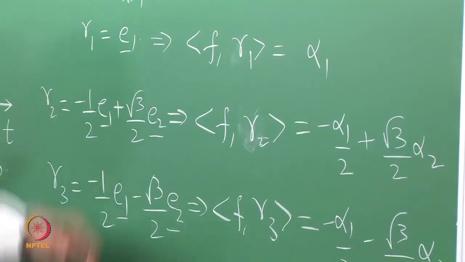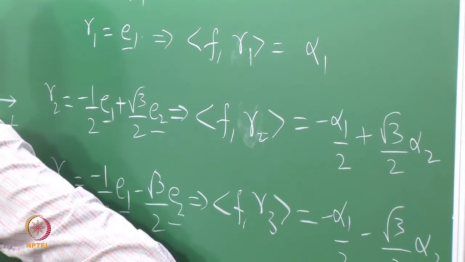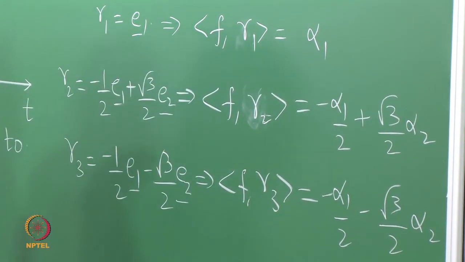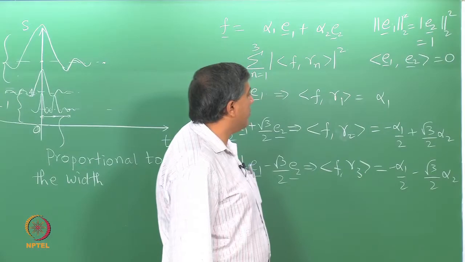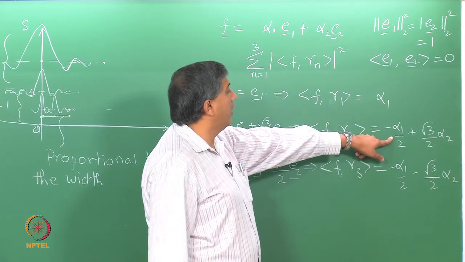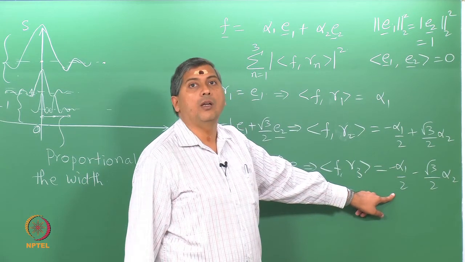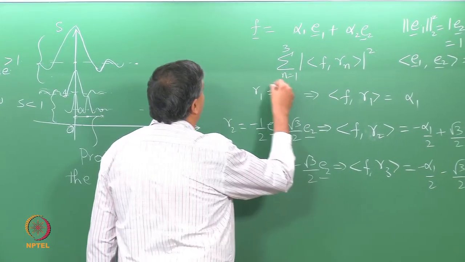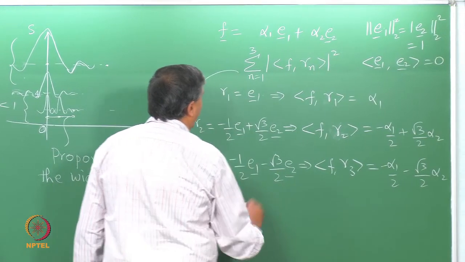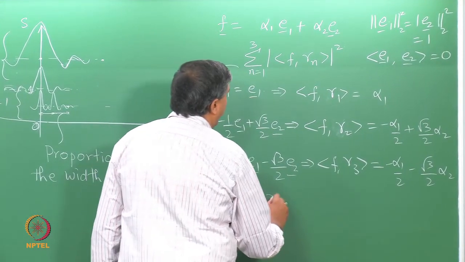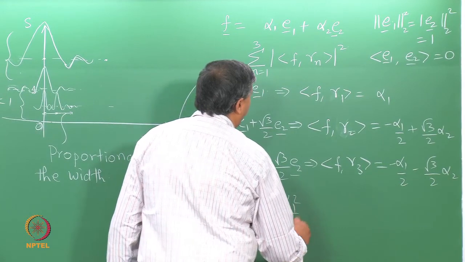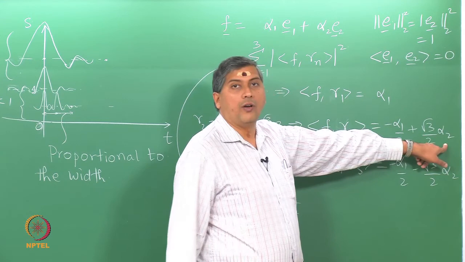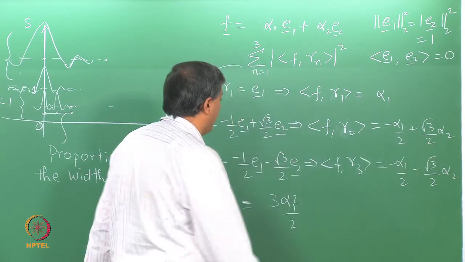Now, all I have to do is sum the squares of these quantities, and what do I get? When I square this, I get alpha 1 square, and here I get alpha 1 square over 4, alpha 1 square over 4. So when I add them up, I get alpha 1 square over 2. So this summation here produces 3 alpha 1 square over 2, and then likewise here I have 3 by 4 alpha 2 square and 3 by 4 alpha 2 square.